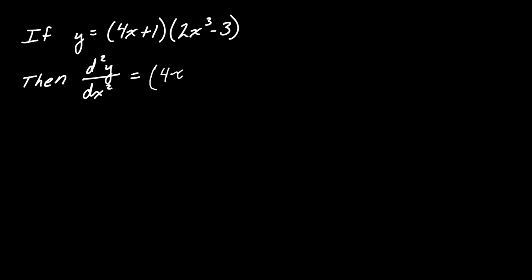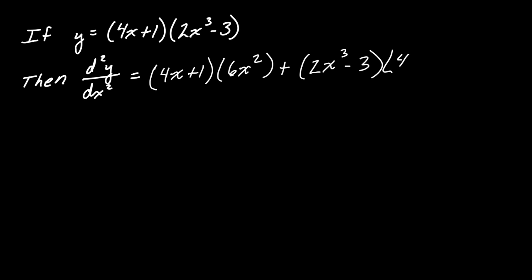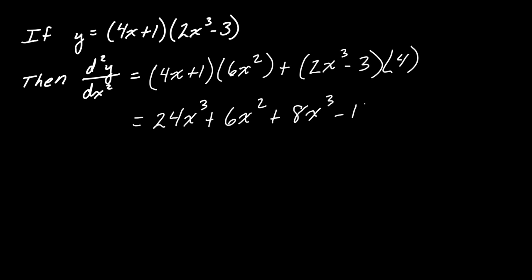So we've got first times derivative of the second plus second times derivative of the first. We're going to distribute, so we get 24x cubed plus 6x squared plus 8x cubed minus 12. I'm going to go ahead and combine some like terms, making this 32x cubed plus 6x squared minus 12.